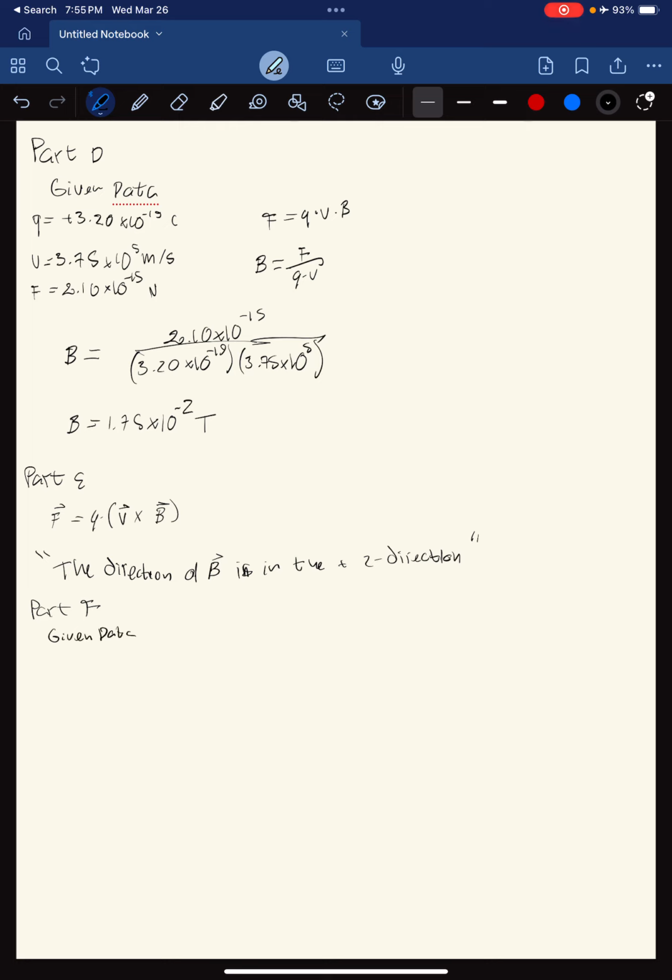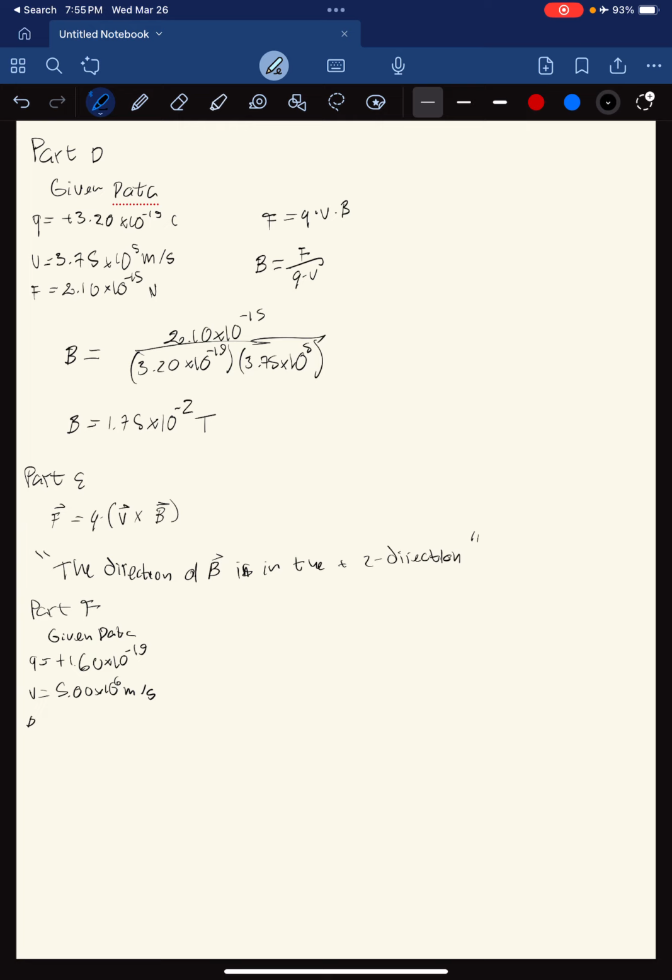All right, we have the given data. The charge of the proton is positive 1.60 × 10^-19. We have the speed of the proton, 5.00 × 10^6 meters per second.